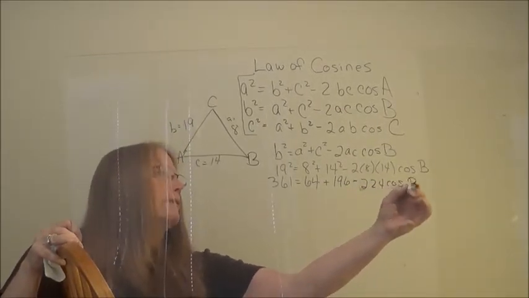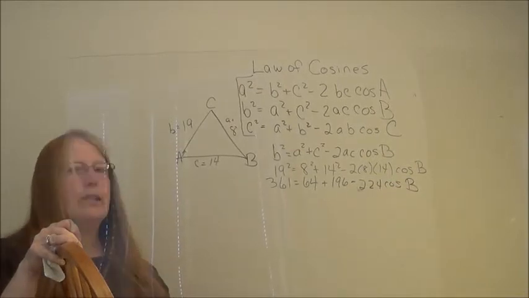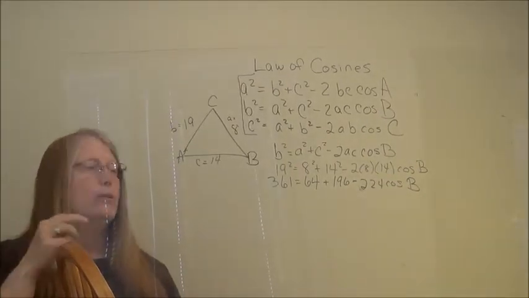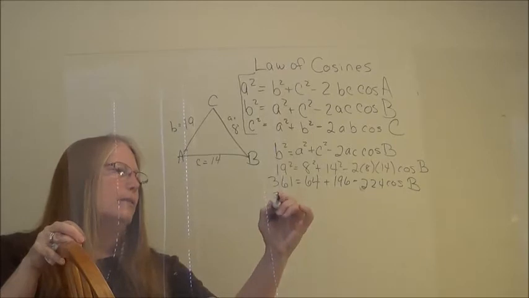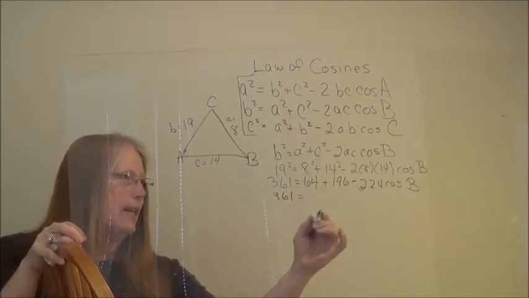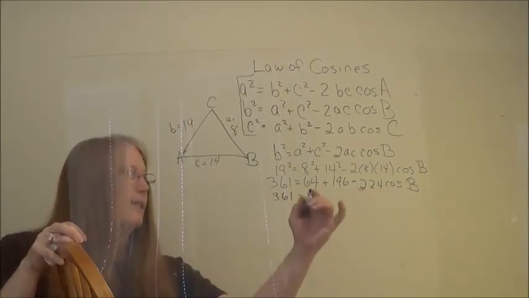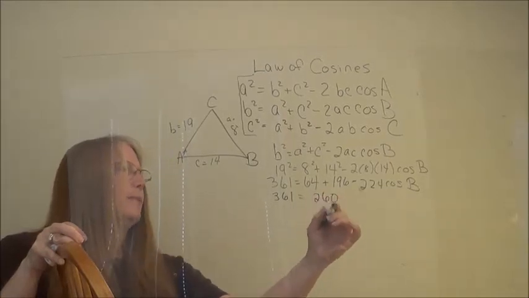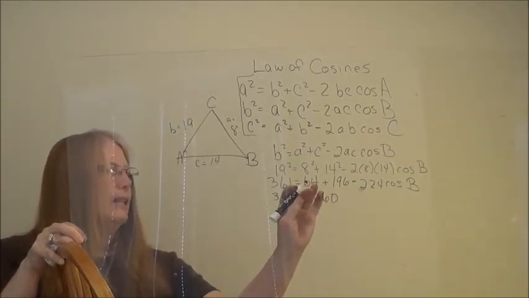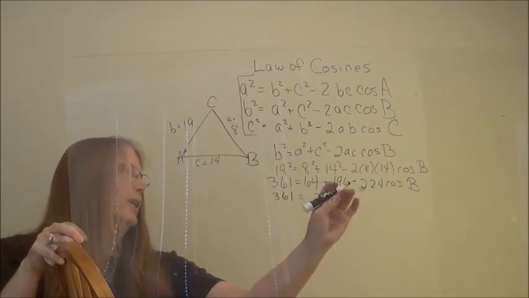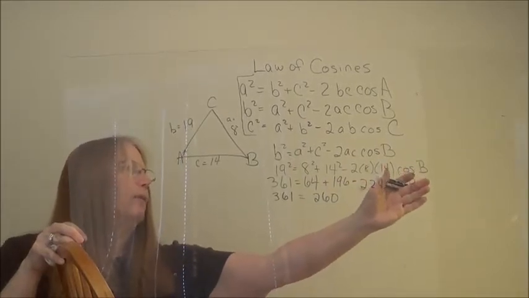cosine B. Alright, now here's a common mistake made in the law of cosines. When you get to this point and you add 64 and 196, you get 260, but students tend to take 64 plus 196 and minus the 224.